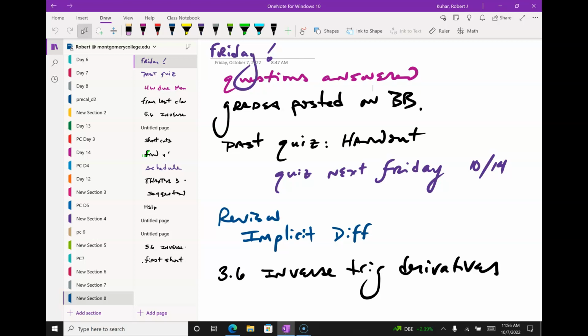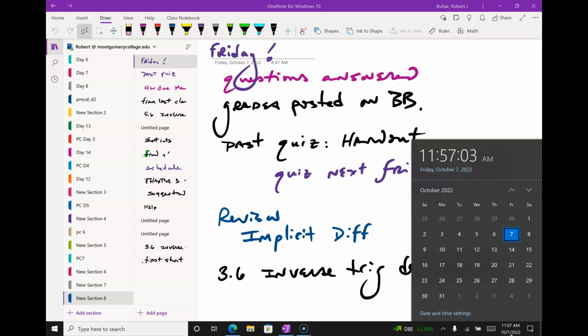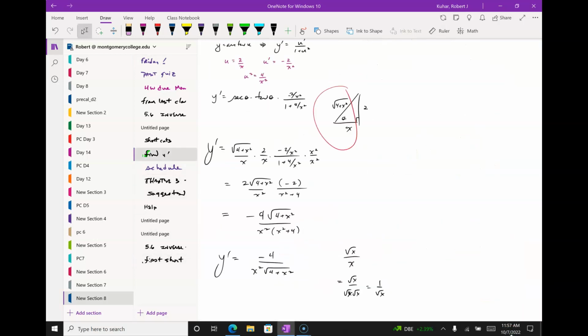Yes, Nathaniel. The quiz is product rule, chain rule, implicit, tangent lines, derivative as a limit. Yes, the last question? Yeah. No inverse trig yet. No, because I want you to practice and ask questions Monday, right?